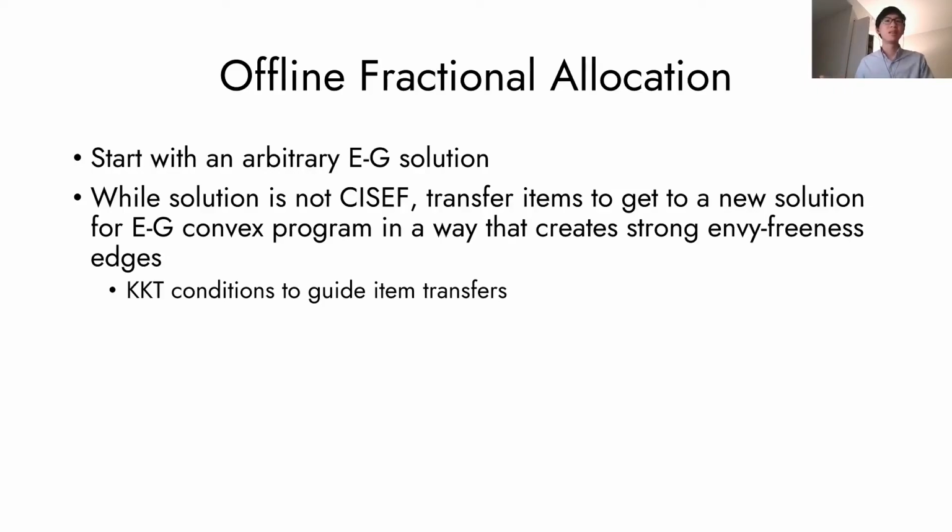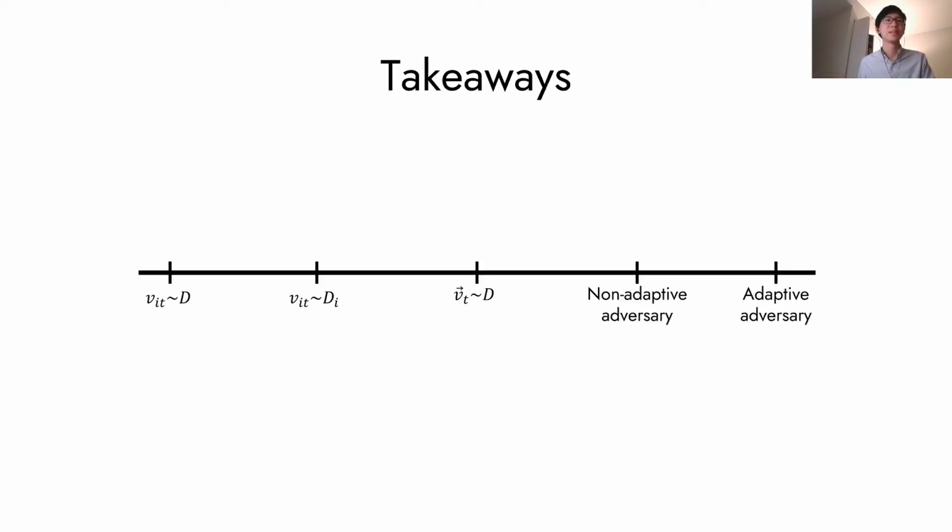And we're going to repeatedly transfer items between agents to reach new solutions that contain more strong envy-freeness edges until we reach a CISEF allocation. Because it's still a solution, we'll get Pareto efficiency for free. For those of you familiar with solving Eisenberg-Gale convex programs, we work with familiar tools such as KKT conditions.